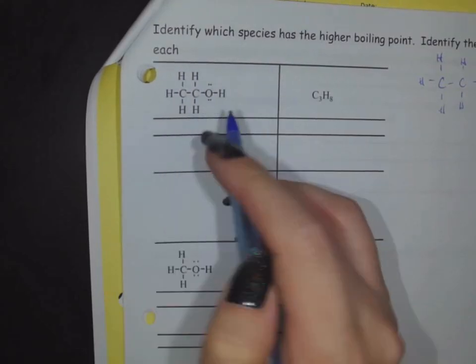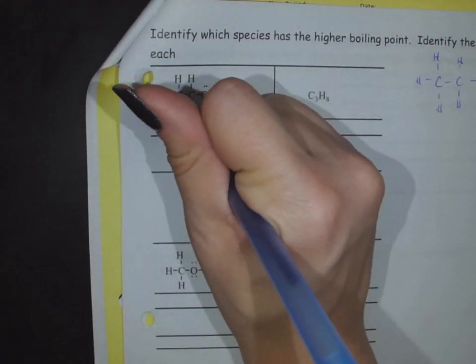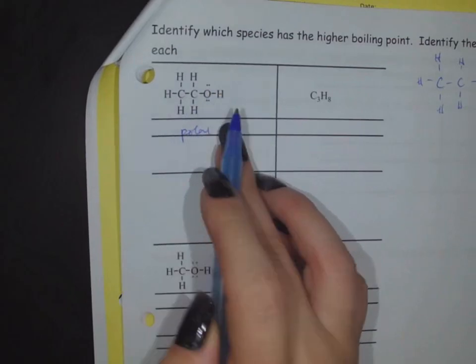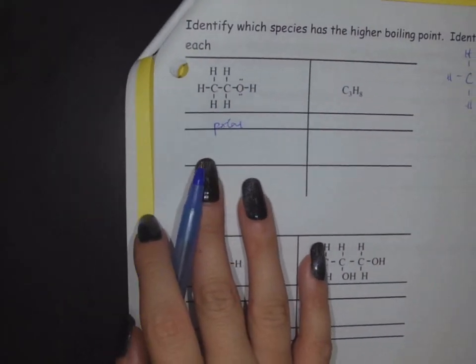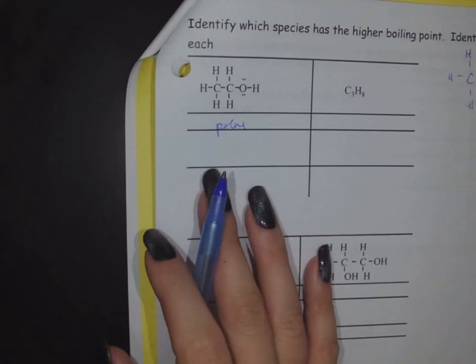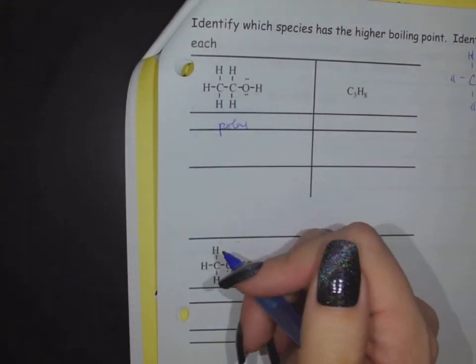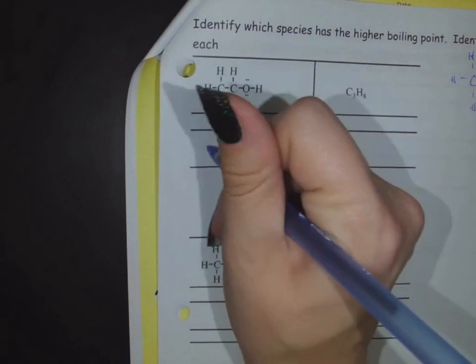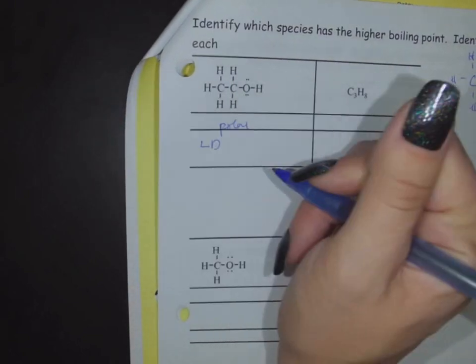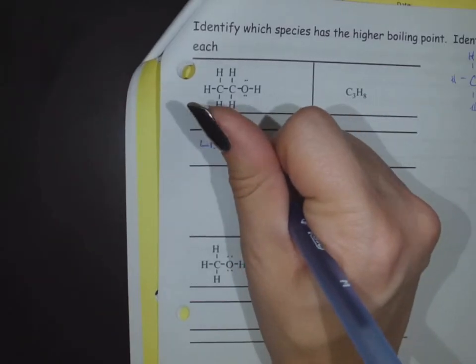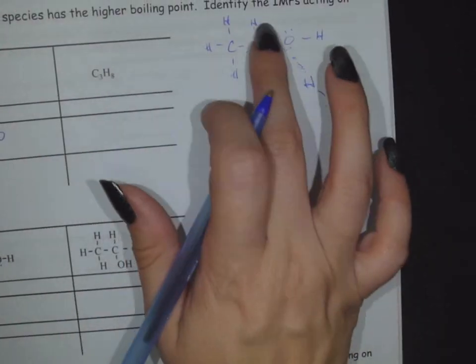This molecule is polar. We get asymmetry there. Okay? And so when we have two polar molecules, what are the IMFs that we'd get? We'd get London dispersion because it's two molecules. We'd get dipole-dipole because they're both polar.